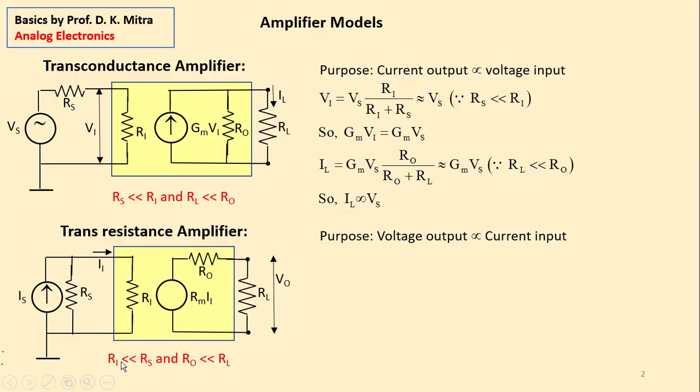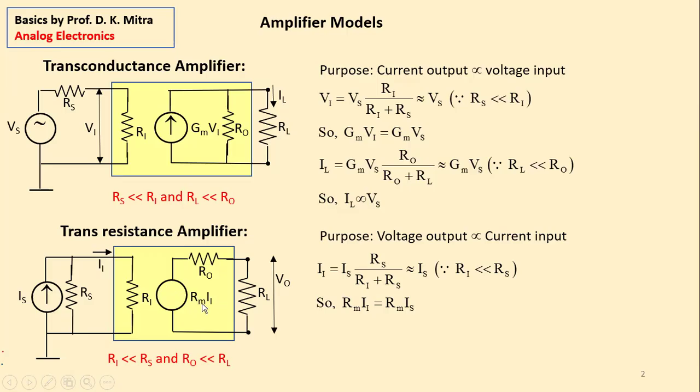The condition is that the input resistance of the amplifier Ri will be much smaller than the source resistance Rs. And here, this load resistance RL must be much bigger than Ro. If you can design accordingly, then once again, this is the value of this voltage, RmIi.